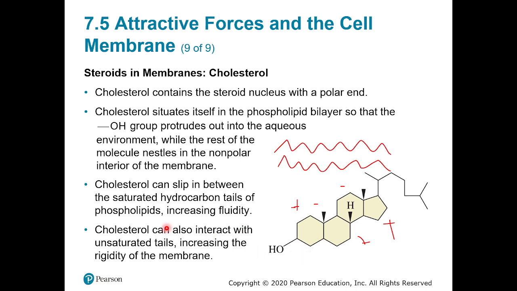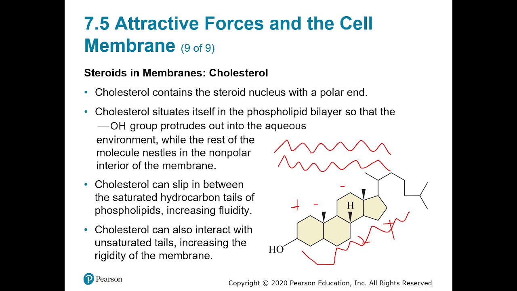Now, if it interacts with the unsaturated tails, it's actually going to increase the rigidity of your system. And that's because the unsaturated tails have that little kink on them, like that. Okay?